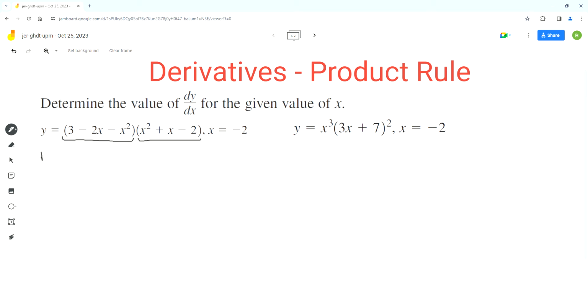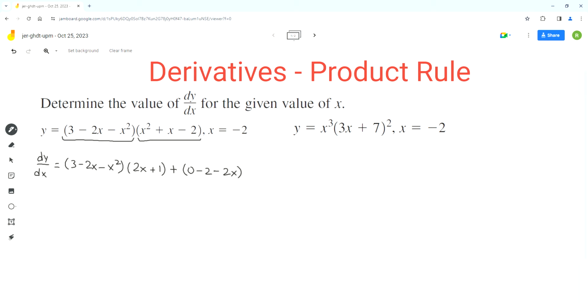So dy over dx equals the first function, which is 3 minus 2x minus x squared, times the derivative of the second function, which will be 2x plus 1, plus now the derivative of the first function, which will be 0 minus 2 minus 2x.